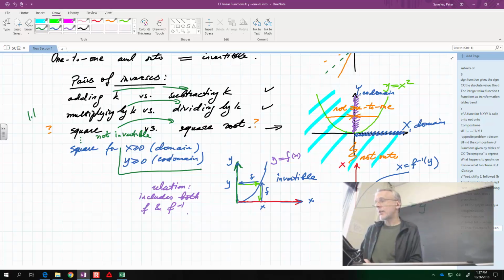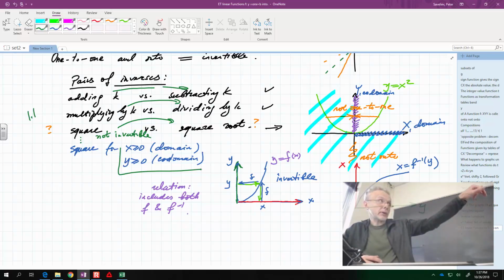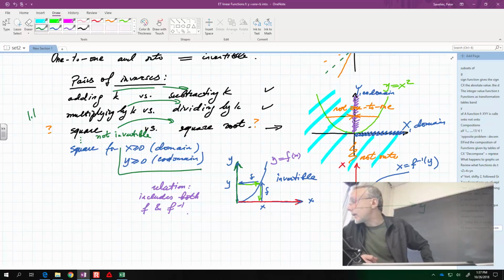Once again, I tried to make that picture in the middle that indicates the relation is two-way, from x to y and from y to x. You can use the same picture as far as the relation is concerned, but if you want a function, then you will have to flip. If I were you, I would keep the names of the variables intact. So if my variables were x and y, and y was equal to x squared, let's keep the same names.